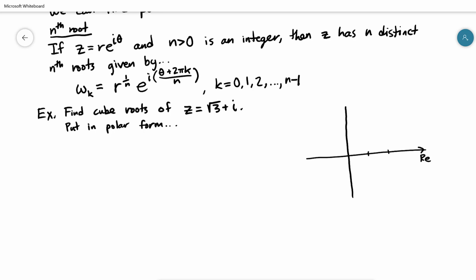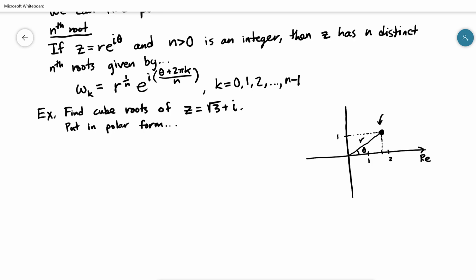We're going root 3, which again is about 1.7. So if this is 1 and this is 2, maybe we're going to right about here. And then we're going 1 in the imaginary direction. So we're basically going to this point right here. So I want that distance and that angle. There's my r and my theta.